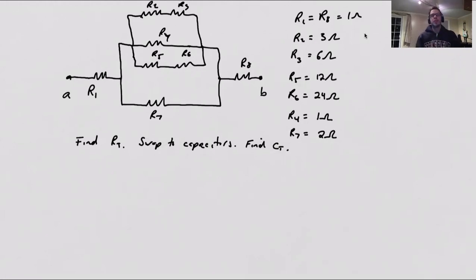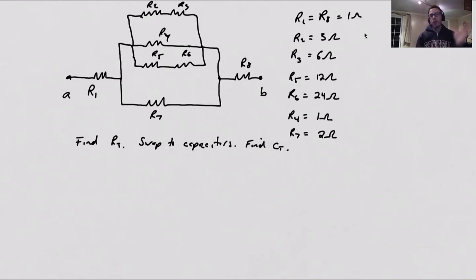It's in series with the parallel combination of that mess at the top and R7. Everybody agree with that? It's the parallel combination of R2, 3, 4, 5, 6 and R7. Cool.